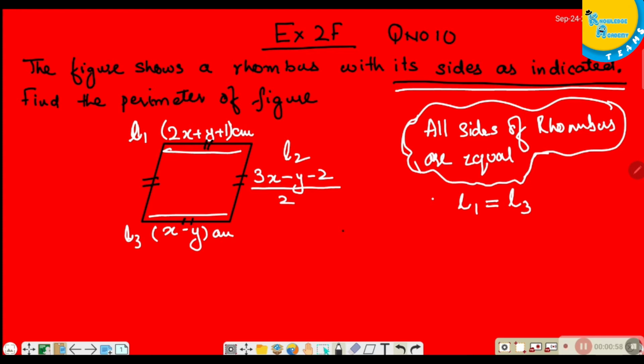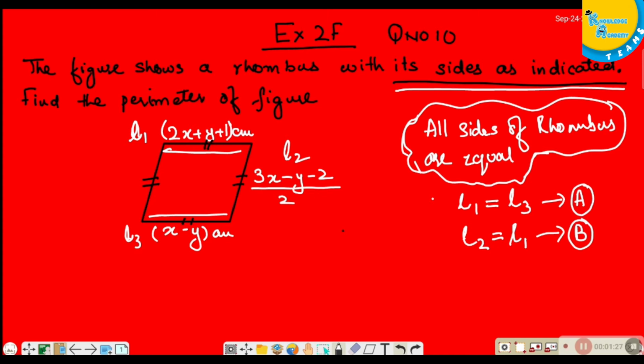Also I can say that L2 is equal to L1. So these are two given conditions that we have established from our question.